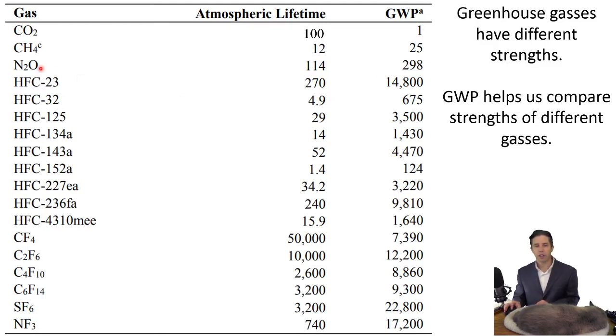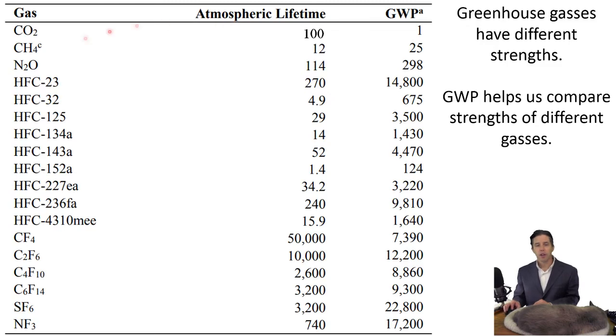Or if I take nitrous oxide, N2O, it has a global warming potential of 298. So 1 molecule of nitrous oxide is worth 298 molecules of CO2. So greenhouse gases all have very different strengths. And what we want to do here is compare different sources to see which emissions are actually affecting the greenhouse effect more.